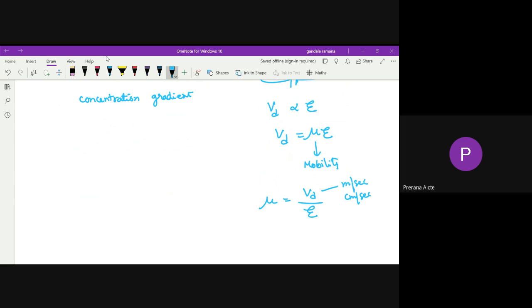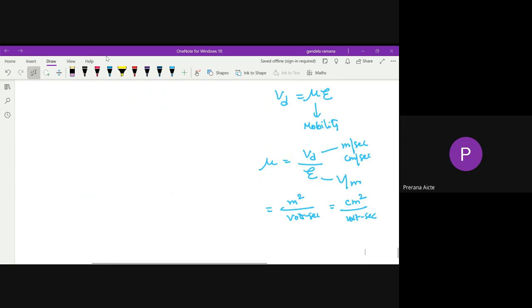E is in volt per meter. So what are the units of mu? Mu is meter square by volt second, or centimeter square by volt second.